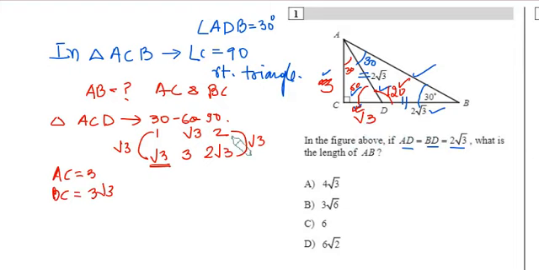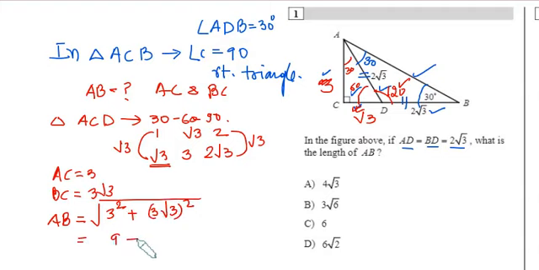So it is pretty easy now to find AB. We can find AB using the Pythagoras theorem. AB is equal to the square root of AC squared, that is 3 squared, plus 3 root 3 squared. 3 squared is 9, and this is 9 times 3, 27.